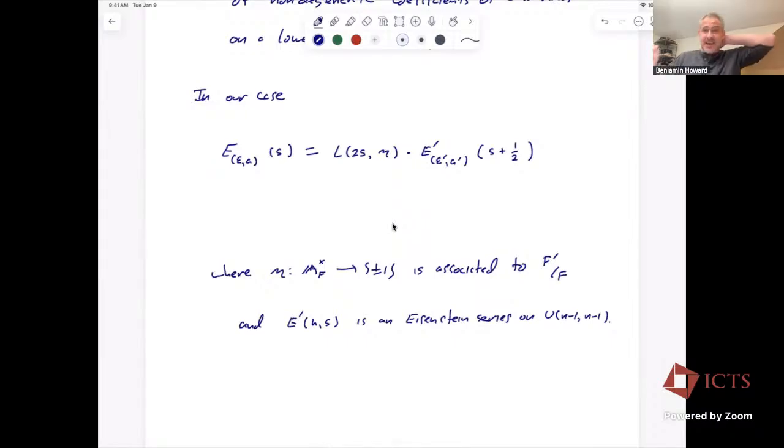And this can't be true as I've stated it, because the left-hand side has a functional equation in S going to minus S, and the right-hand side also has a functional equation, but it's not in S going to minus S. So in order to make this true, you have to symmetrize it. And now it's at least compatible with the functional equation.